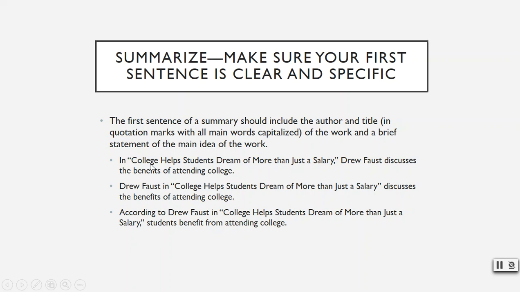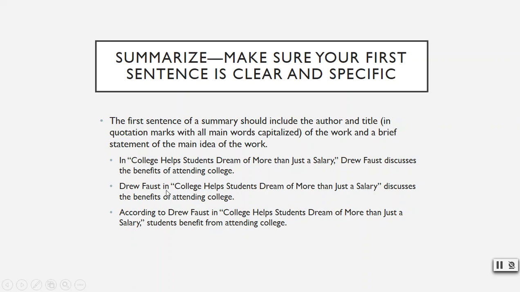So we have this title here, "College Helps Students Dream of More Than Just a Salary." So there's my article, and then my author, Drew Faust. And then my main idea discusses the benefits of attending college. So you could set up your initial sentence in that form, or you could do it this way.